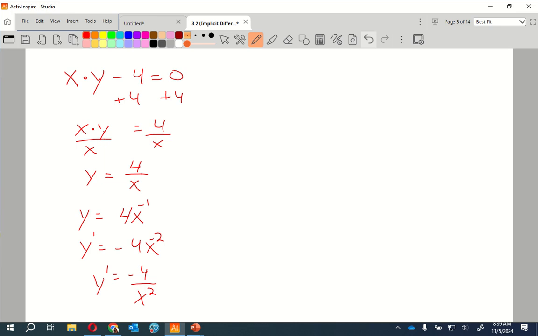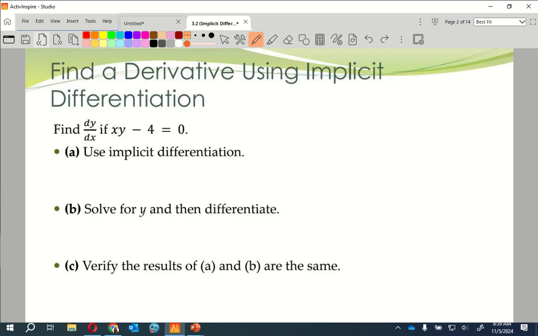Now we're comparing. So two things I'm going to compare. I have this one, and this one is y prime, same thing.